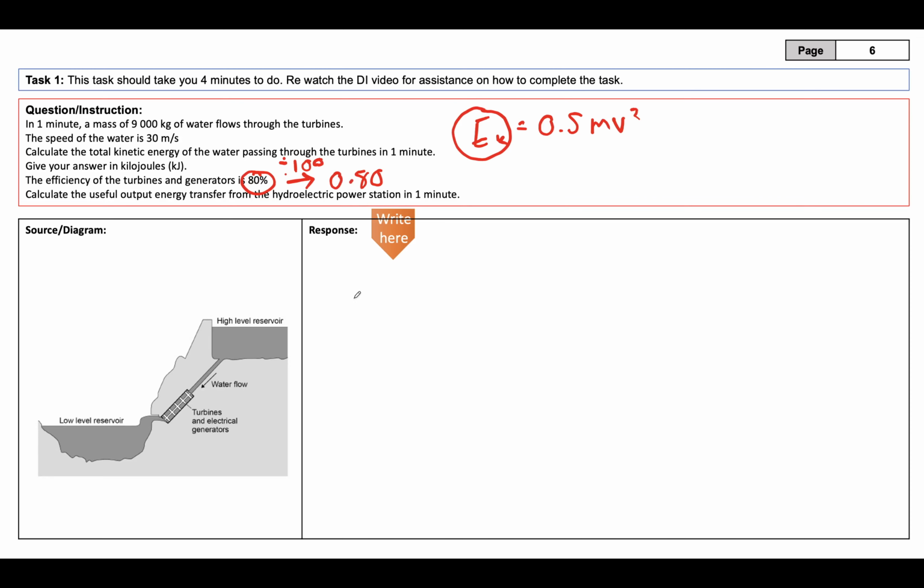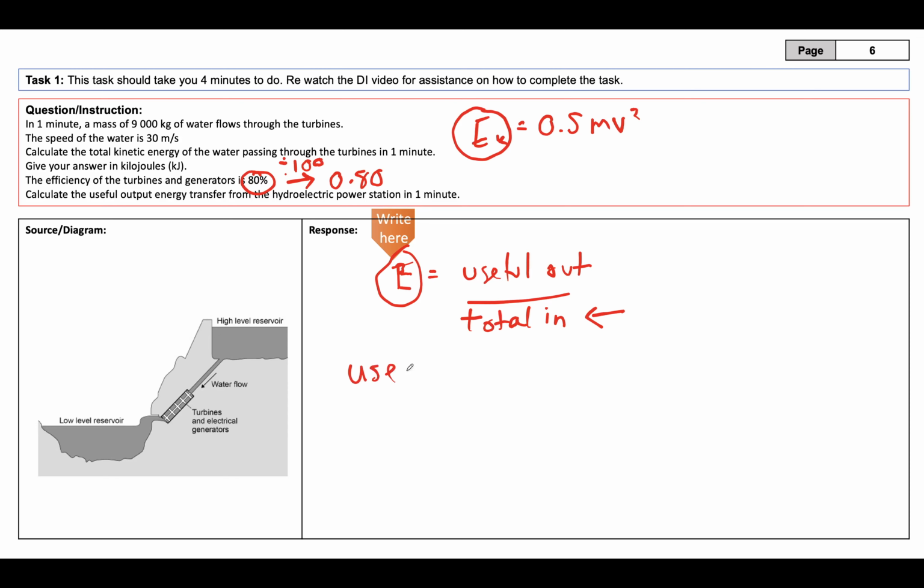So you start off with the equation, efficiency equals useful out over total in. We've calculated the total in, we know the efficiency, and now we need to rearrange to make useful out the subject. So you just multiply these two together.